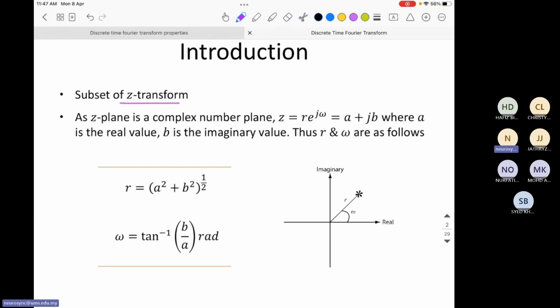Do you have any idea about the Z transform? Have you learned this in mathematics? Yes. Okay, so you are aware of this. In the Z transform, this is the Z plane.